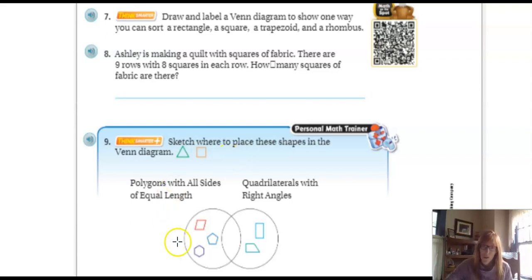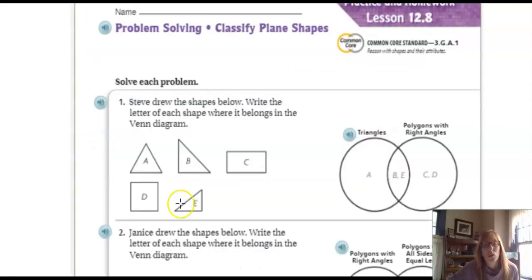The triangle goes here, equal sides, it's an equilateral triangle. And this one also, the square has all sides that are equal, so it would go here because it's a quadrilateral and it has right angles, so it would go right in the center. It shares those qualifications. On your practice and homework.